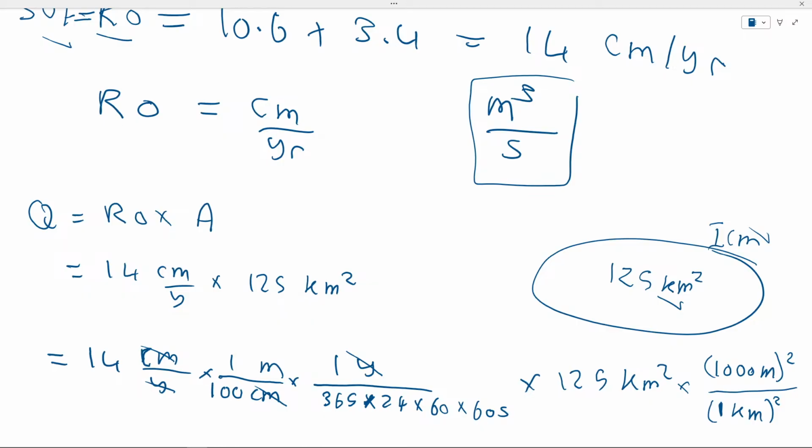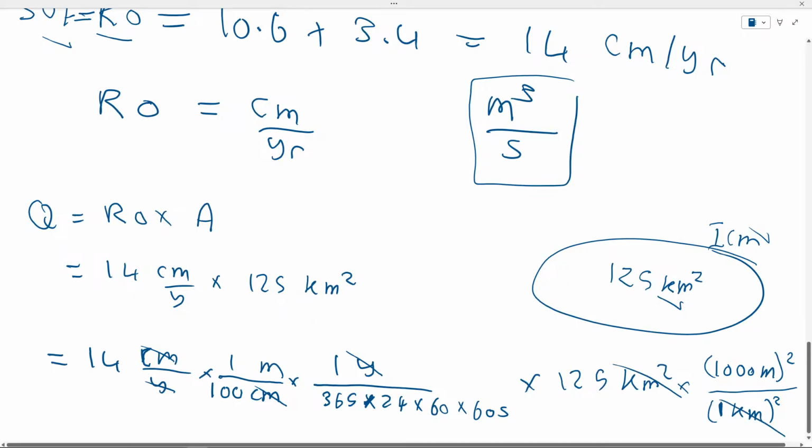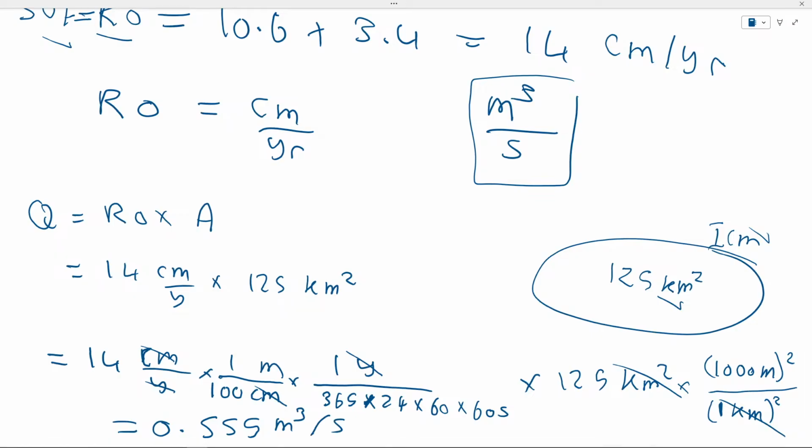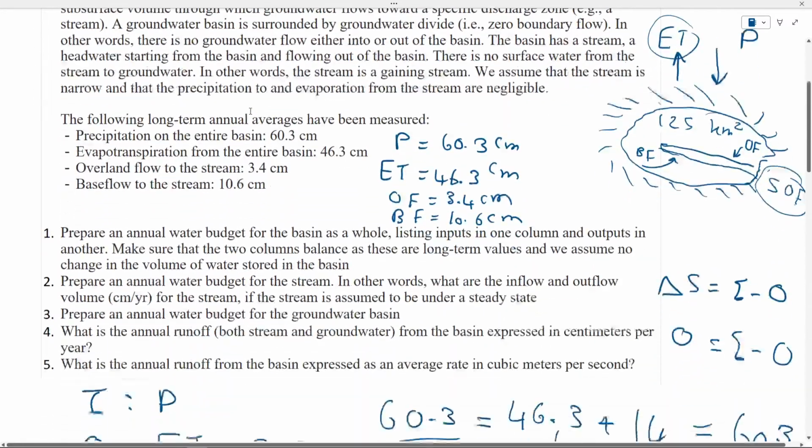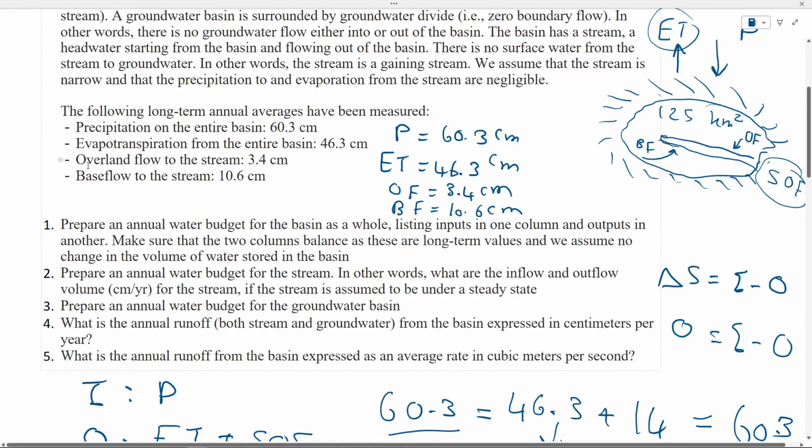So now these units will cancel, and I will end up with meter cube. If you did this, you will end up with something like 0.555 meter cube per second. About half a meter cube per second is discharged as the runoff of this homework one, the water budget. So this will help you to solve homework one. Okay.